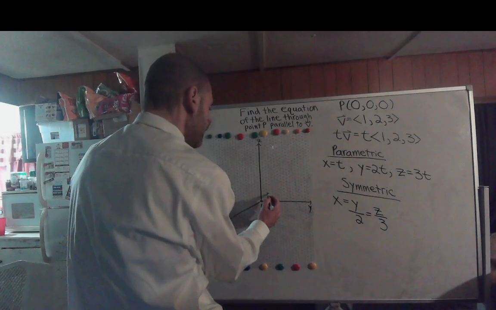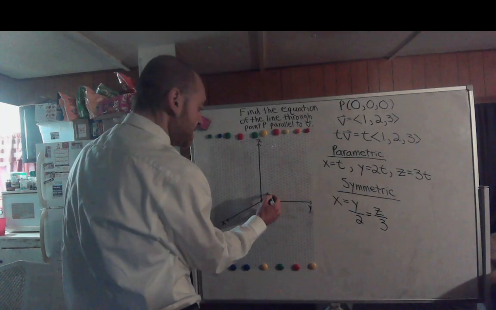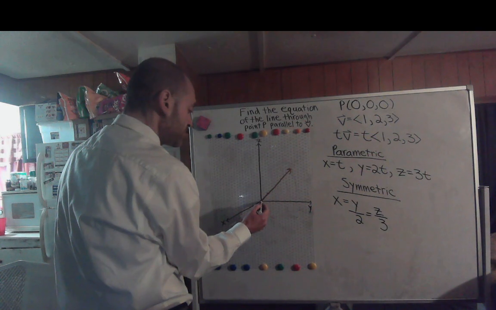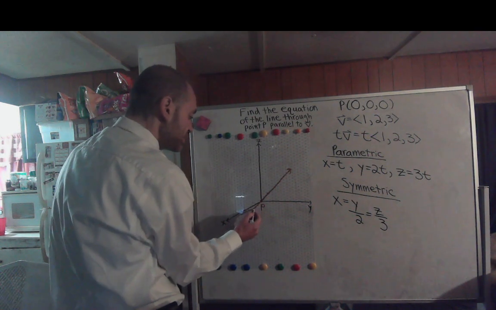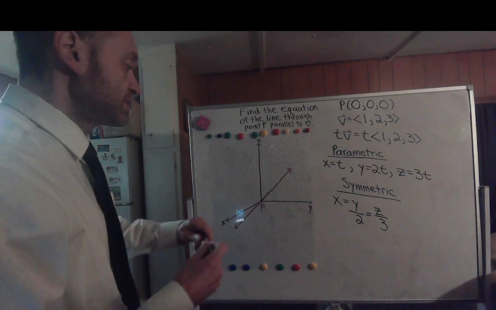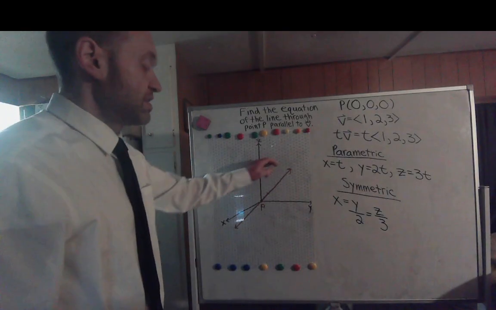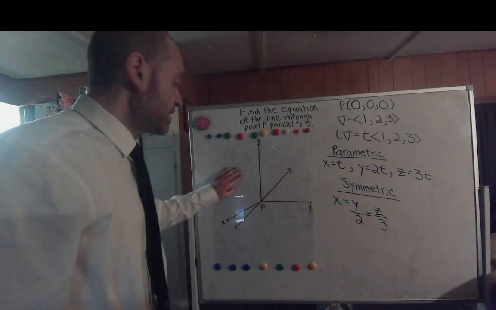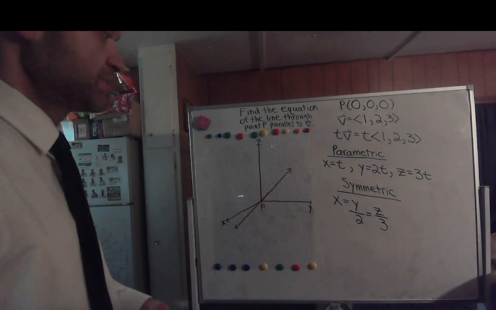So that would be the next point, and if we keep doing that, the line's going to go like this in space. And we could extend this down further, and there is your line in space, using the vector to get your subsequent points. So that is how you would graph a line in space.